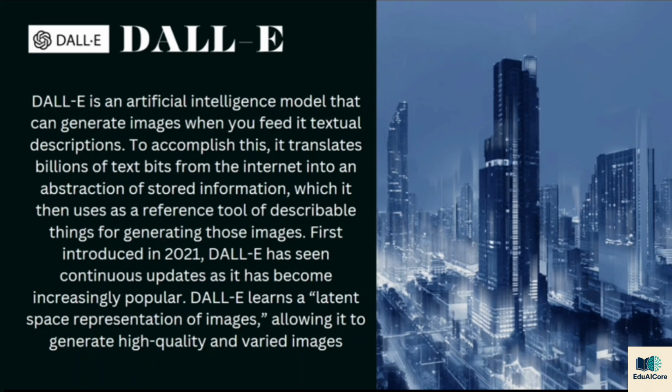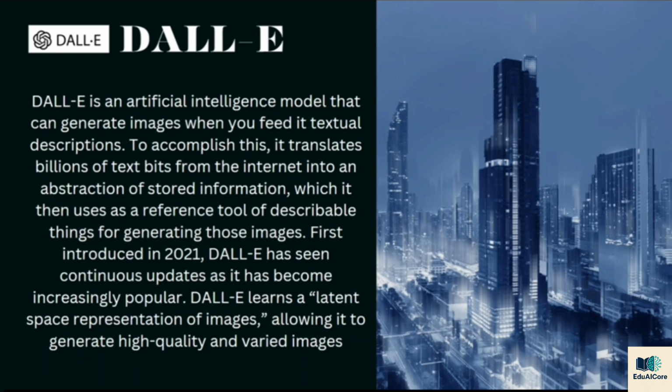You will get a lot of these images, and from there you can choose. Once you have that image, you can also give more commands. Let's say I want to select this particular image, but I want to increase the contrast, or increase the size of the building. You can give those commands, and it will give you the outcome accordingly.